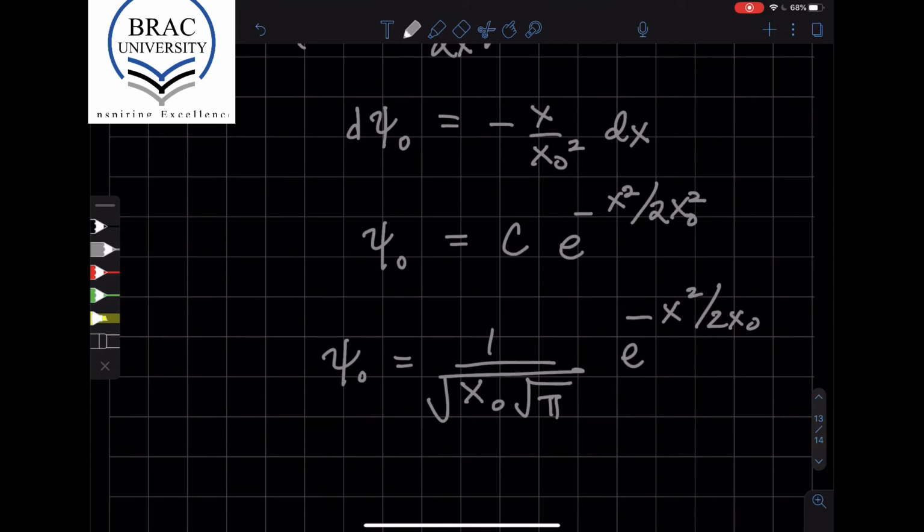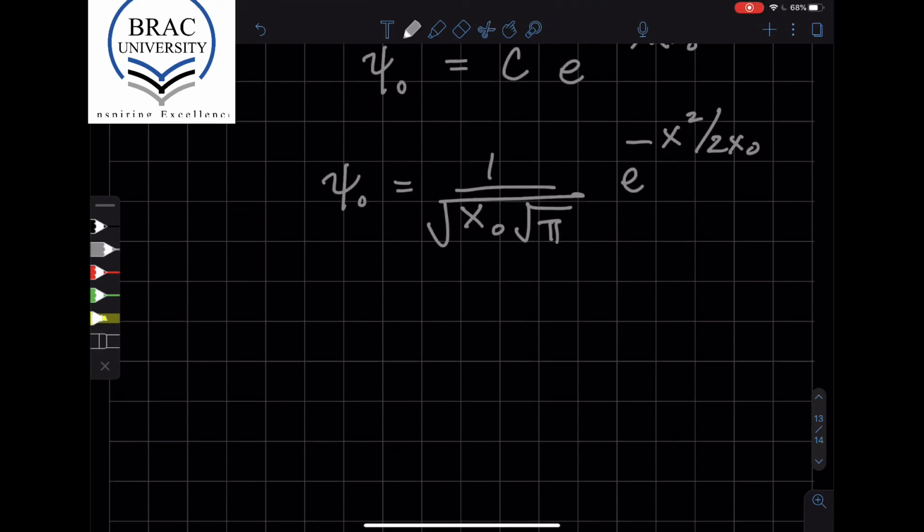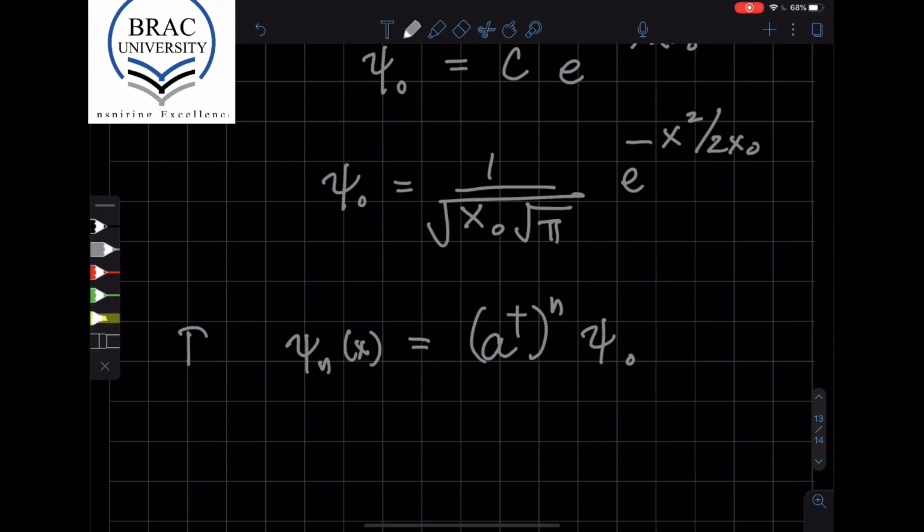To get the higher energy state, say psi n of x, we need to apply the raising operator n times on psi 0, and then there is some normalization constant, which will depend on the value n.